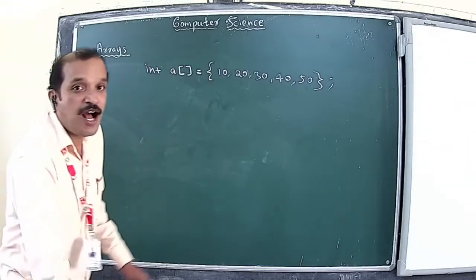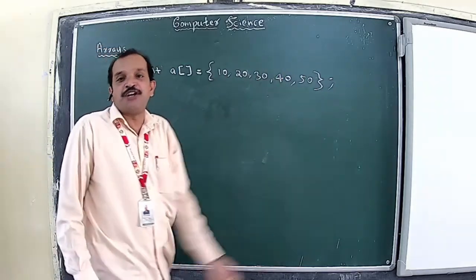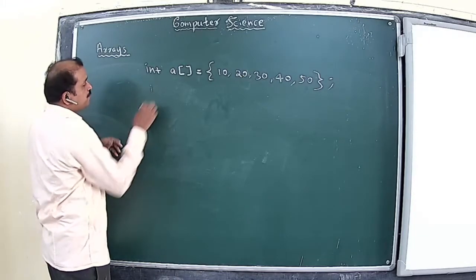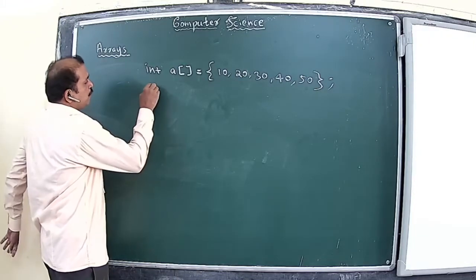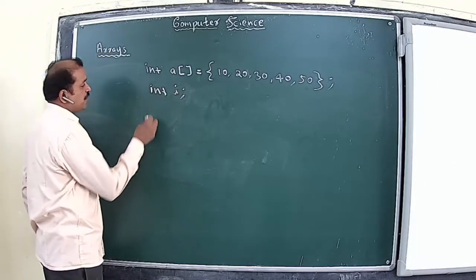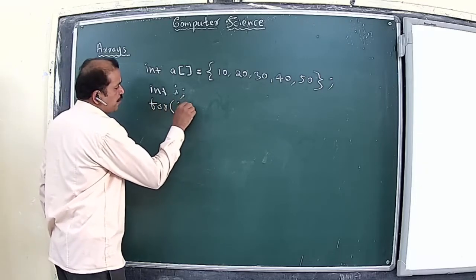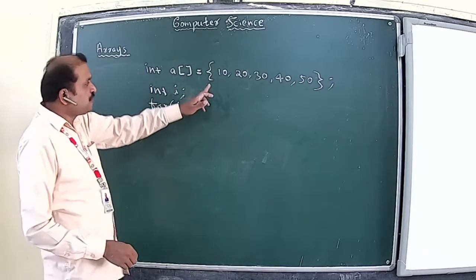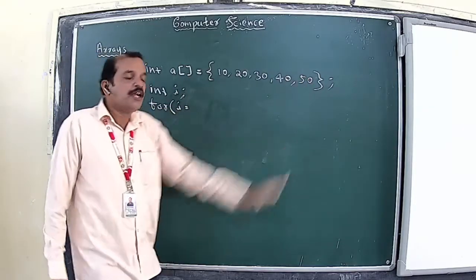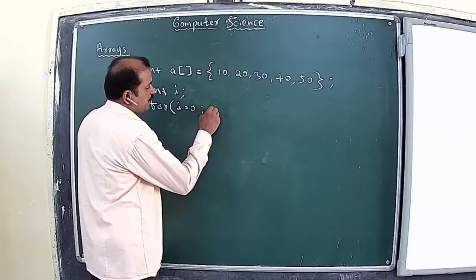Now we will see how a loop can be used for printing all these array elements in different lines. We are going to use a for loop here, and definitely the loop control variable is declared as int i. Since the subscripts of this array move from 0 to 4, the loop control variable also moves from 0 to 4.